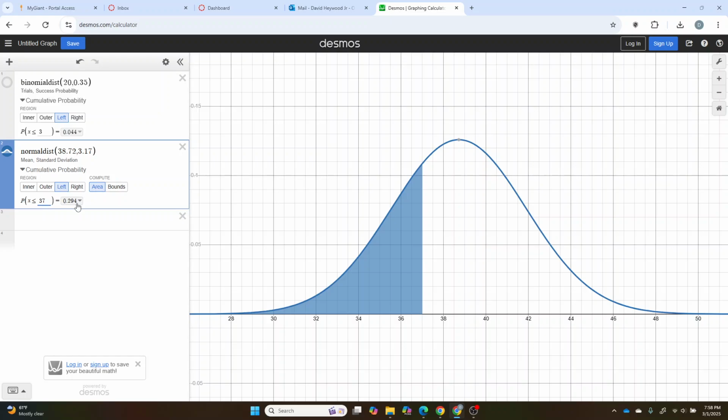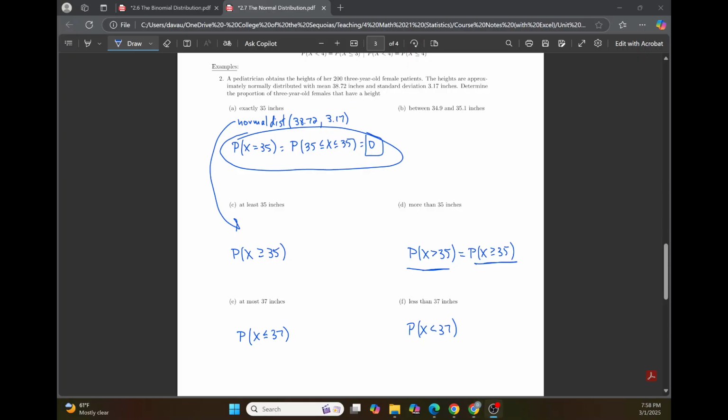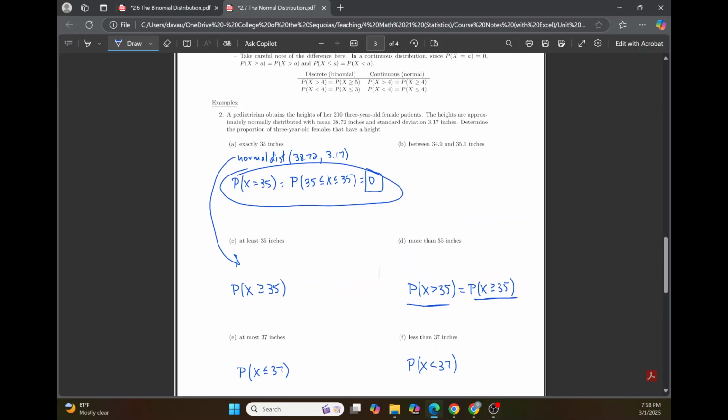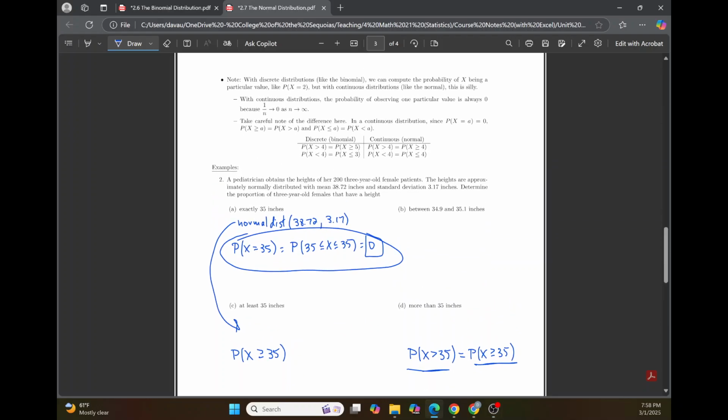Okay. If that was all confusing to you, it's probably because you didn't watch the lectures, or that it was confusing to you to begin with. But this chart should help you. This chart should be very, very helpful for you. And like I said, I think these changes in Desmos actually make our lives easier.